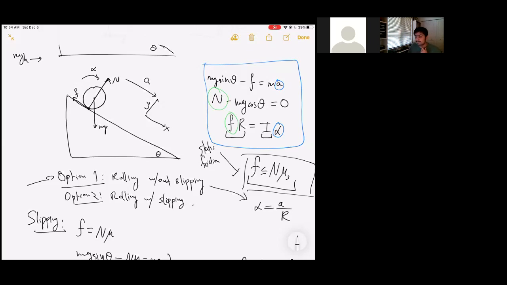Otherwise, when you go just a very tiny bit into the slipping regime, there's no reason it should drop by a large amount. If you go a very tiny bit into the slipping regime, the gravity force is basically exactly the same. You just increase theta by a very small amount.